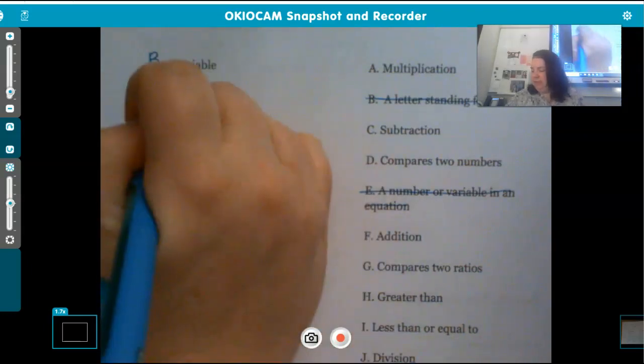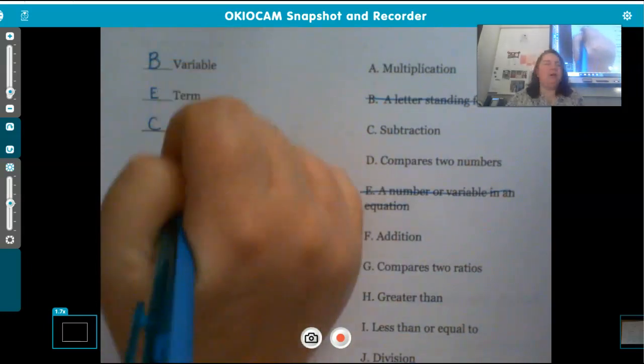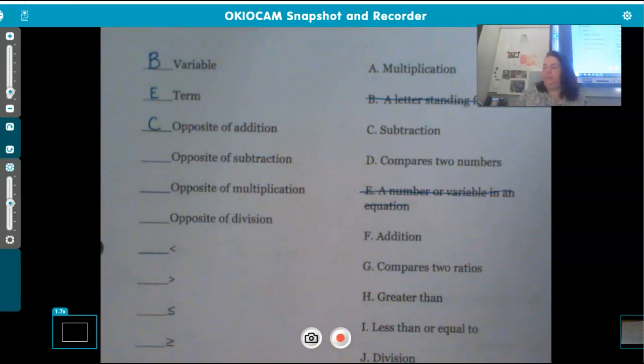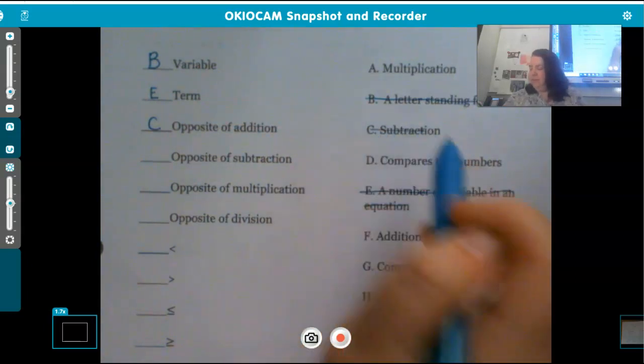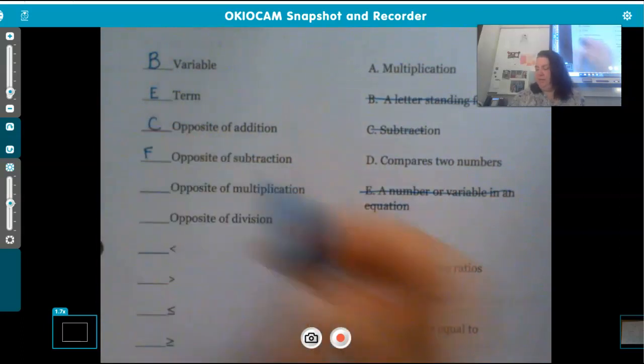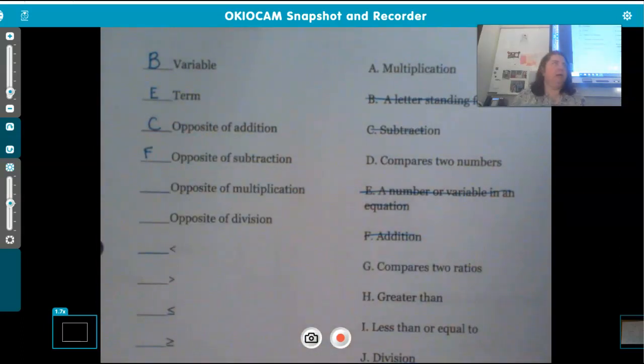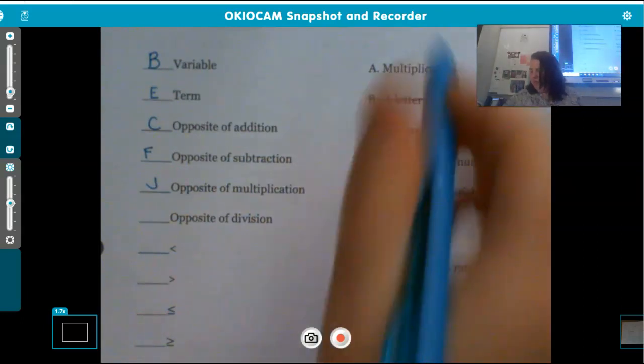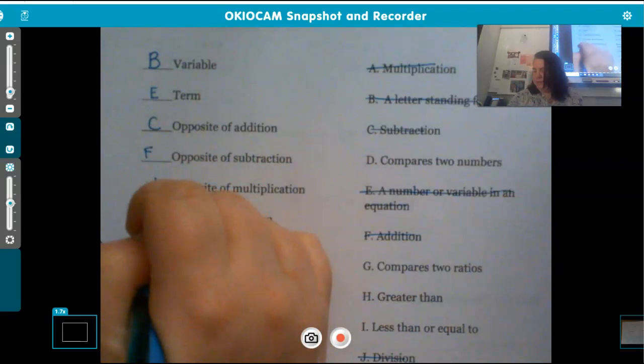And I'm going to tell you that this part right here will not be on the test. Again, this is just to get us thinking. Opposite of subtraction, addition, that is F. Opposite of multiplication, division. J. Opposite of division, multiplication. We are going right through this.